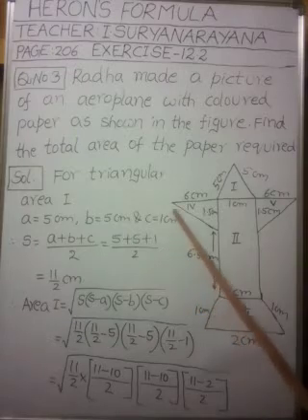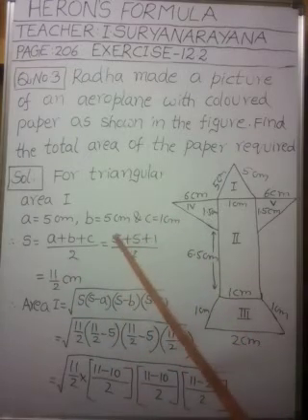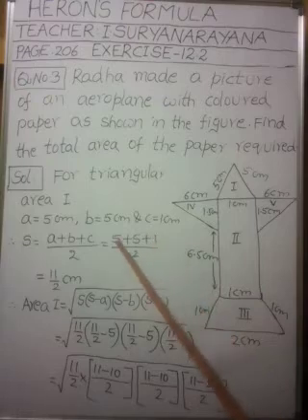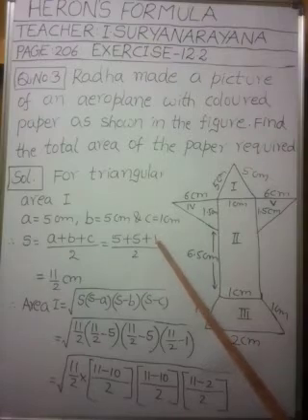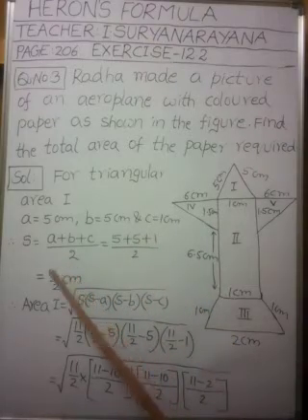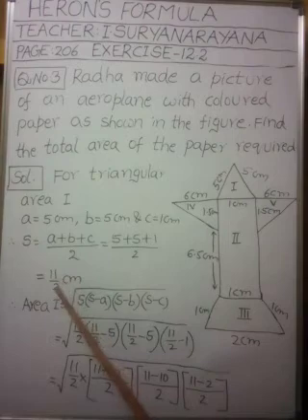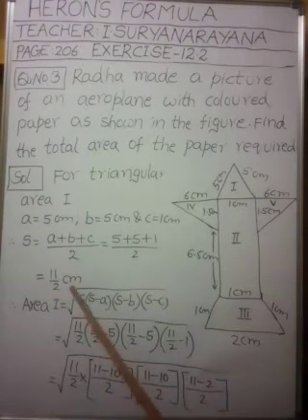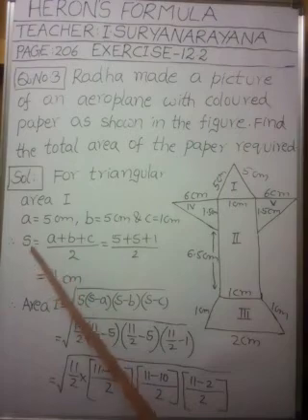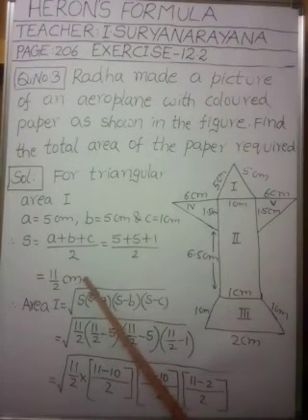That is equal to, if you observe the numerator, there are 3 numbers. By adding these 3 numbers, what will you get in the numerator? 11. By 2. We wrote denominator 2 as it is. Centimeters, because this is a semi perimeter of a triangle.